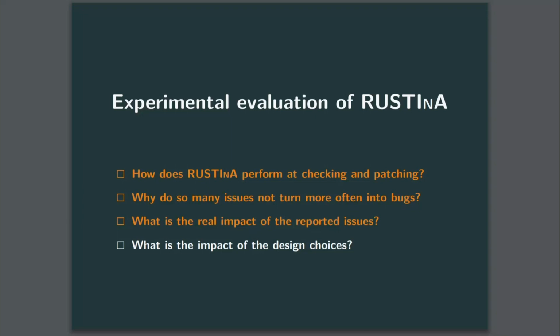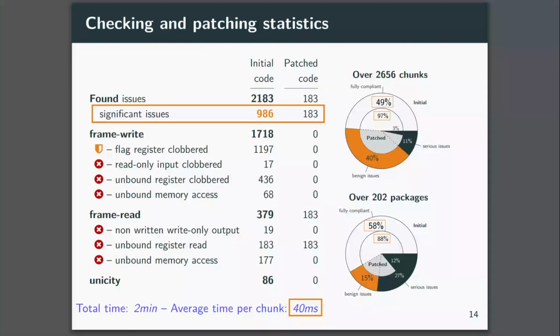So, like I said before, we found around 2,000 issues, where almost half of them are significant issues that can lead to a bug with current compilers. Most of them are frame write.